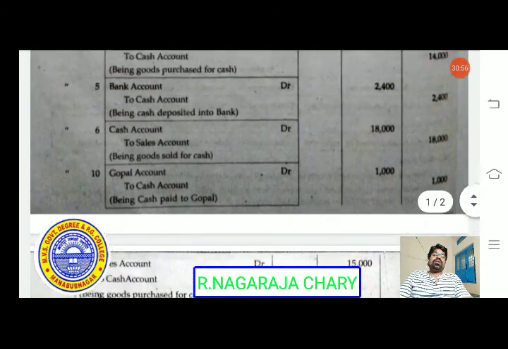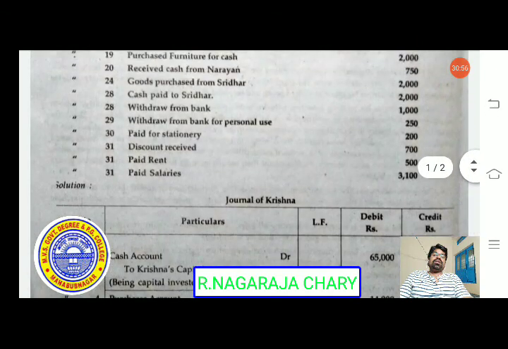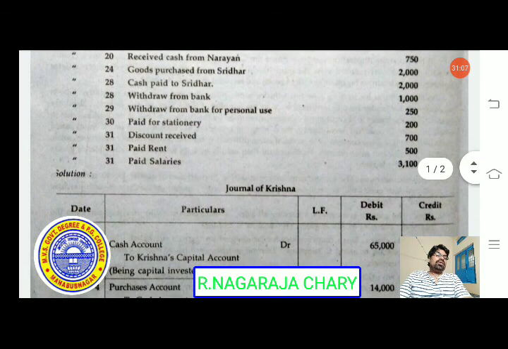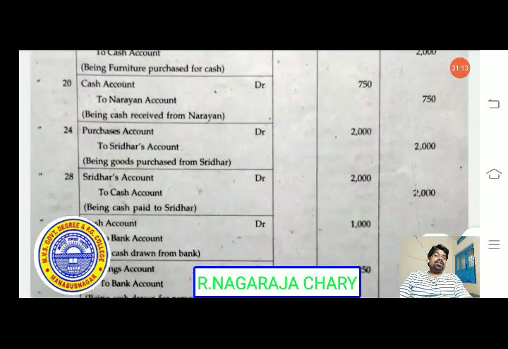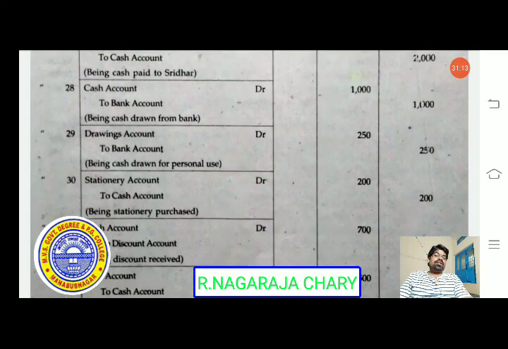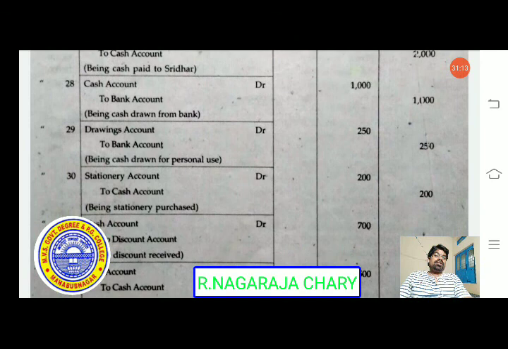Next on 29th. On 29th, withdrew from bank for personal use. Earlier withdrawal from bank was for office purpose. Here withdrawn from bank for personal use, so let us see drawings account. We have already discussed that the proprietor is a person different from the business organization.